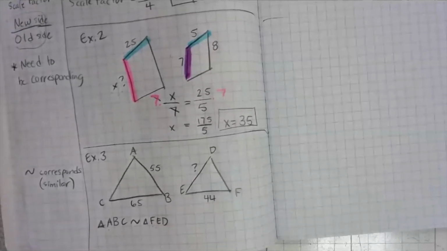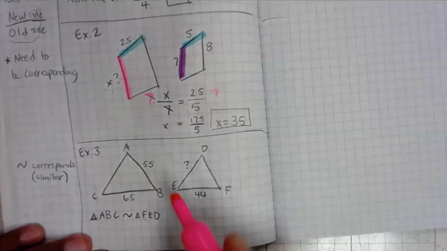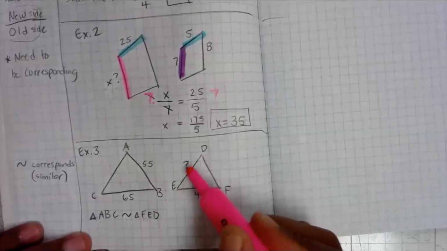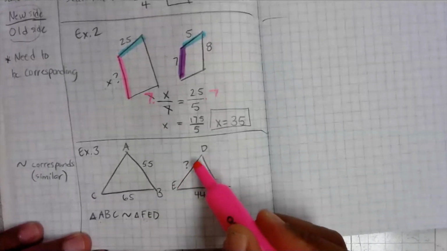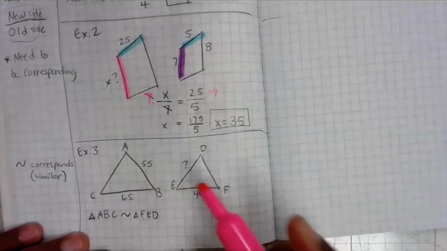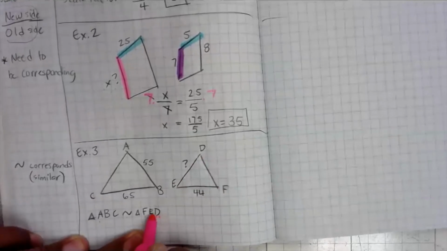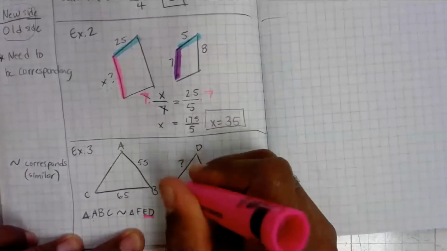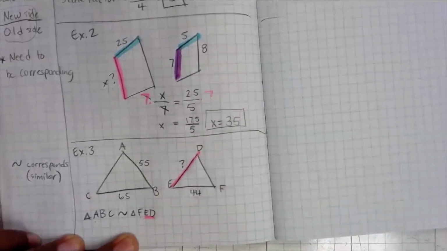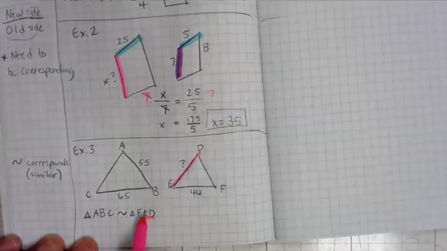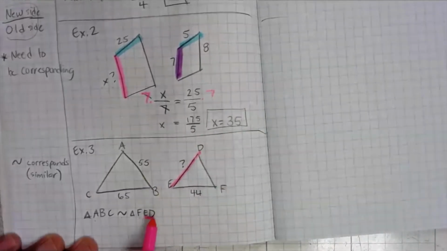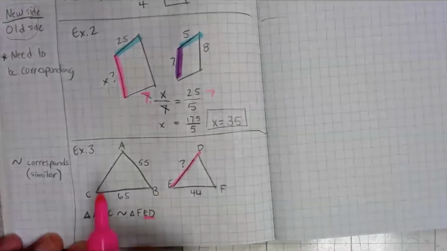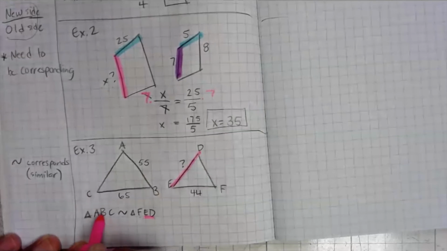All right, so we are going to be looking for this side. So we need to find the side that corresponds to DE, or in this case, ED. Well, you look at the statement, it's the last two letters, E and D. So that means the last two letters in this triangle correspond.